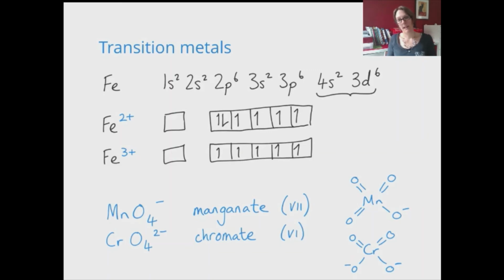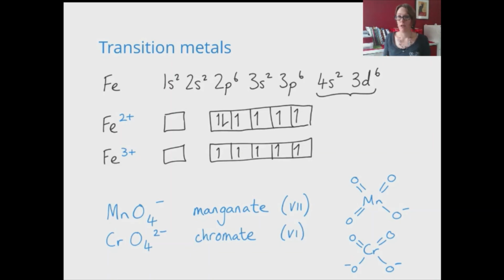Incidentally, this also leads to a rule that's quite handy when you're trying to remember whether the charge on an 'ate' ion is -1 or -2. So if we look at our halate ions, chlorate, bromate, iodate, they all had a -1 charge. And they were all in group 7, so they had an odd number in their group, an odd number in their maximum oxidation state.